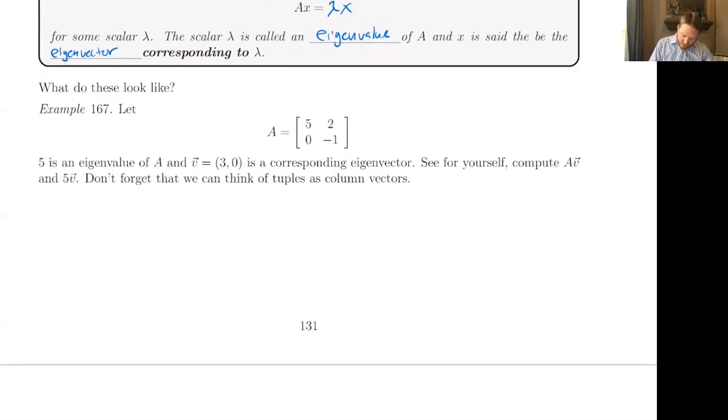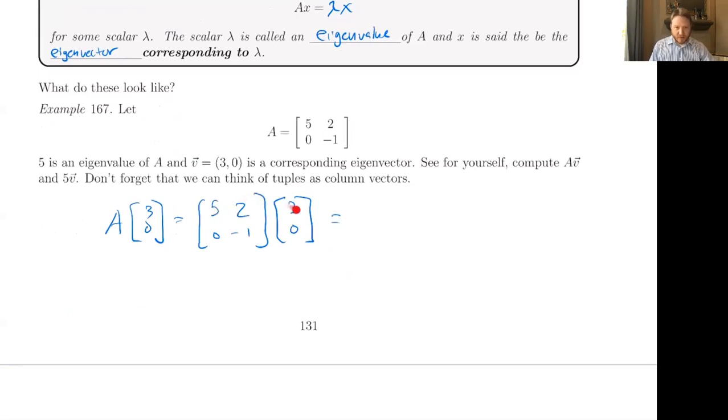A times the vector 3, 0 is 5, 2, 0, negative 1, times the vector 3, 0. I need 5 times 3 plus 2 times 0. So that's 15. And then I get 0 times 3, negative 1 times 0.